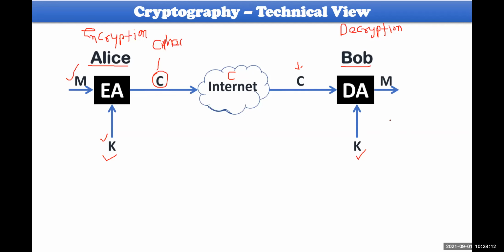Therefore, Bob gets whatever message Alice wants to communicate. Now the point we need to discuss is, how do you transfer this particular key? This is a big challenge. Of course, the encryption algorithm is a public domain kind of algorithm.